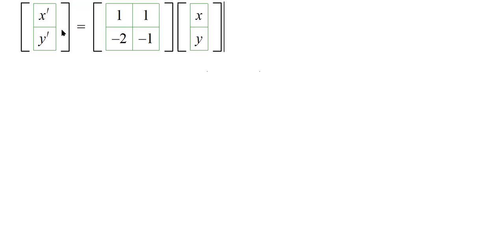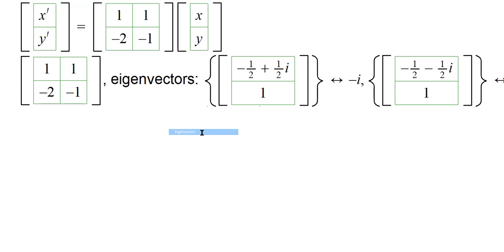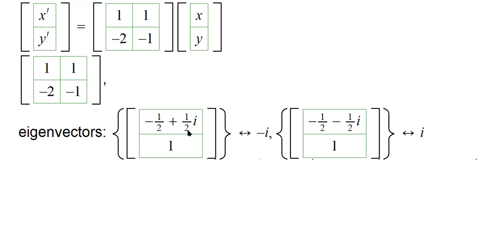All right, so we have this coefficient matrix. So let's look for the eigenvalues and the corresponding eigenvectors. So here we go. These are the eigenvalues. So what is the real part here? The real part here is 0.